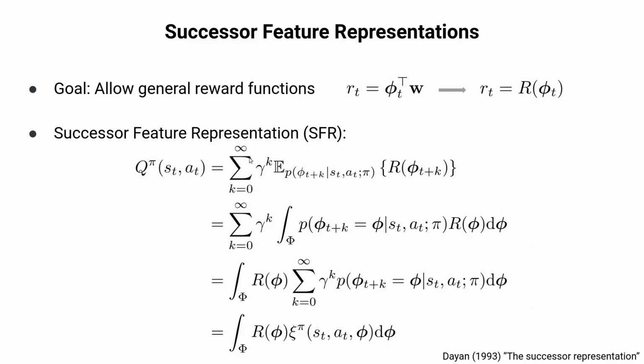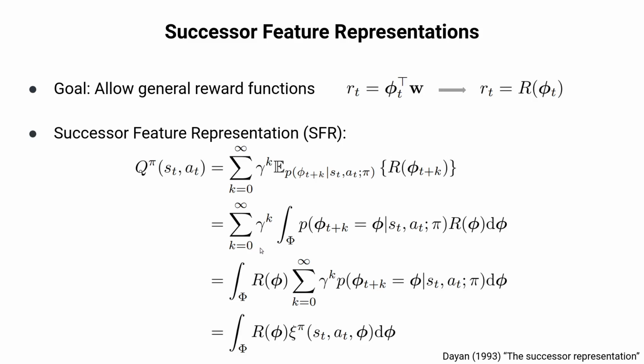If we look at the Q function, we see that if we use features as input to our reward function, at each step we have to integrate over features and multiply the probability of seeing a certain feature at time step t plus k with the reward for it. And again, the reward here is constant for each time step and can be removed from the sum over steps.